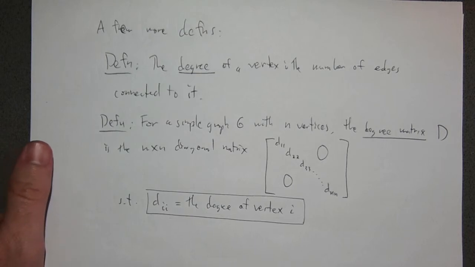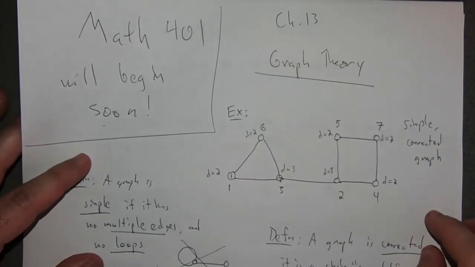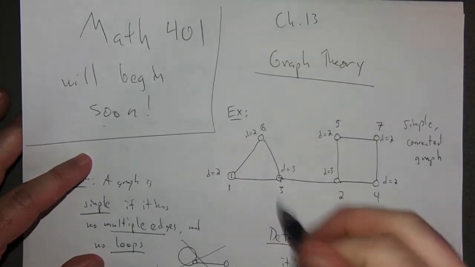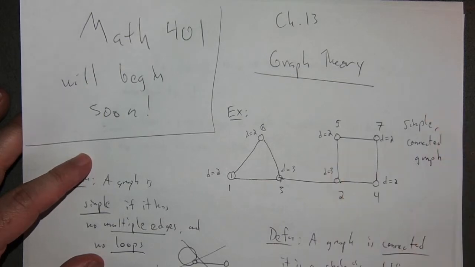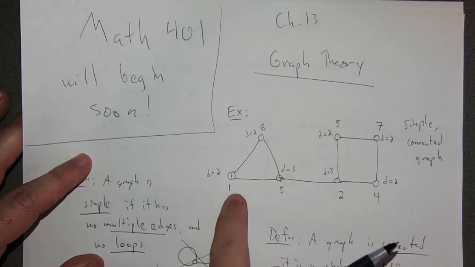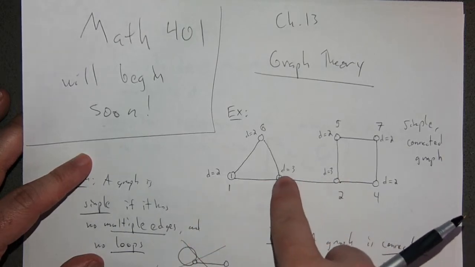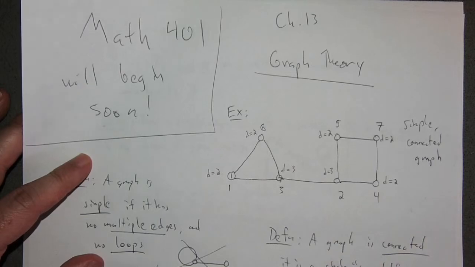Okay. So then coming back to our example really quickly. This graph has 7 vertices, so this would be a 7 by 7 matrix that had 0 entries everywhere except on the diagonal. And what would its entries down the diagonal be? Let's just read off. It would be 2, 3, 3, and the rest of them 2s. Right?